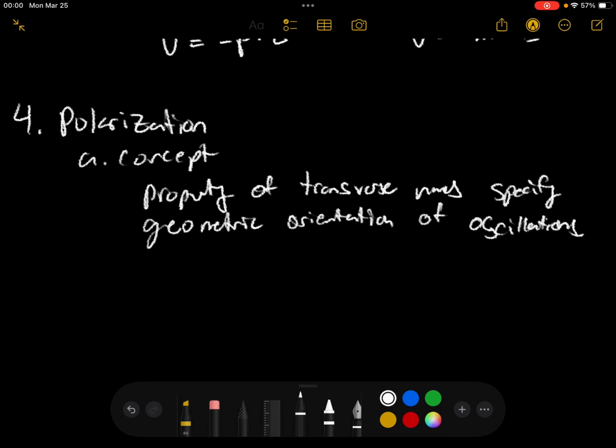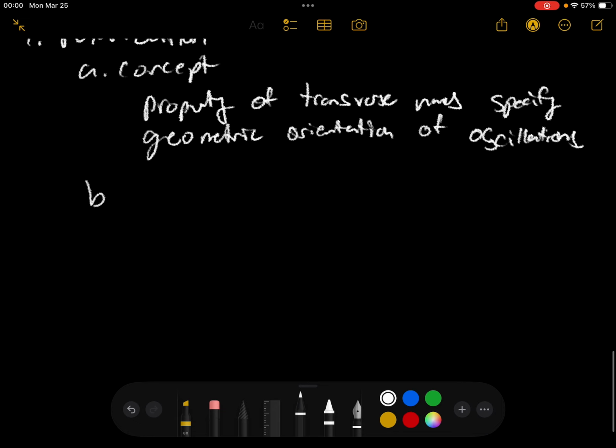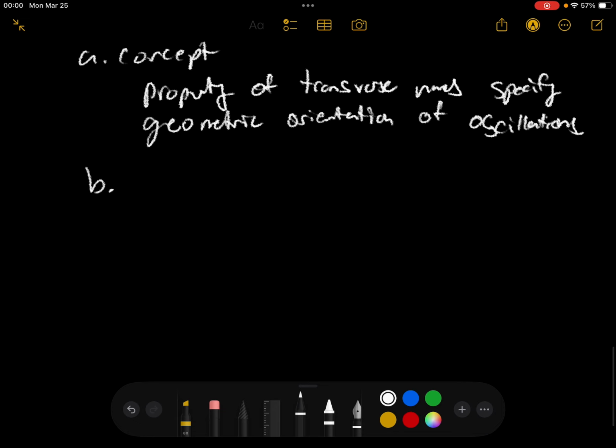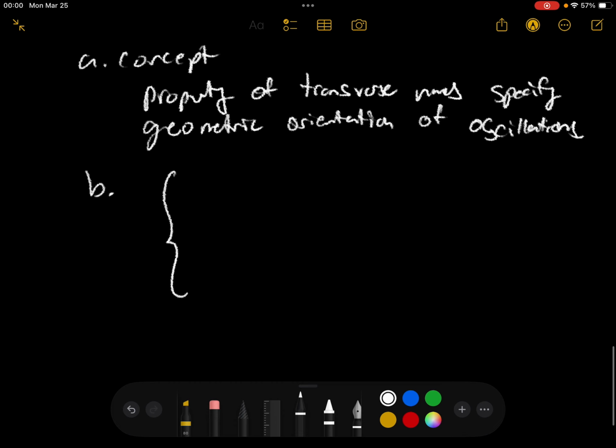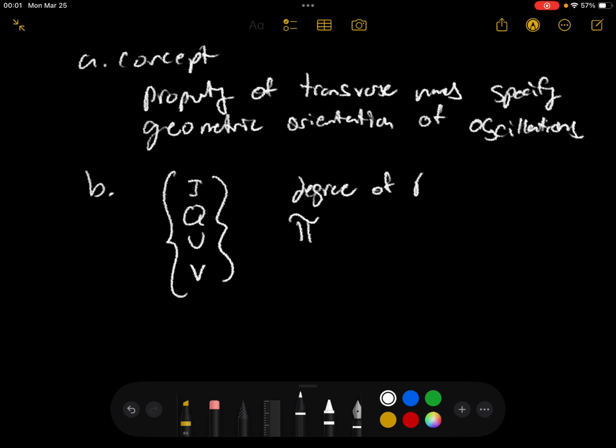So what does that necessarily mean? Well, I will be talking a bit more about polarization at another time, but just to show you a bit, I'm going to talk about a maybe more advanced topic, the degree of polarization.